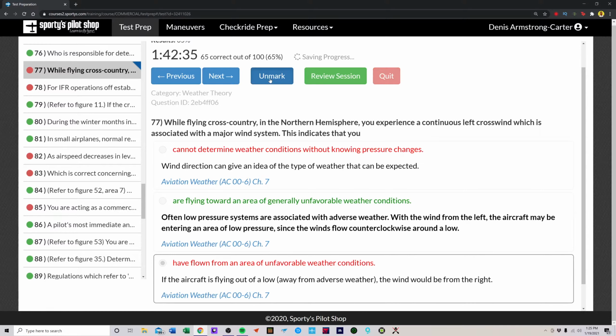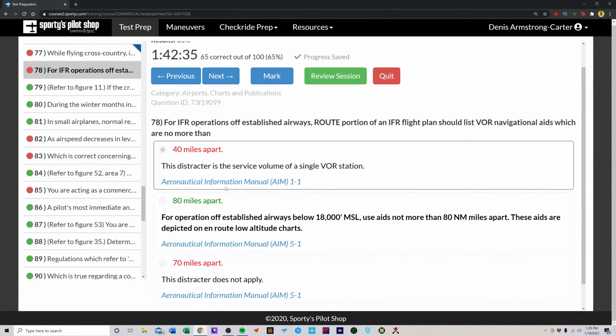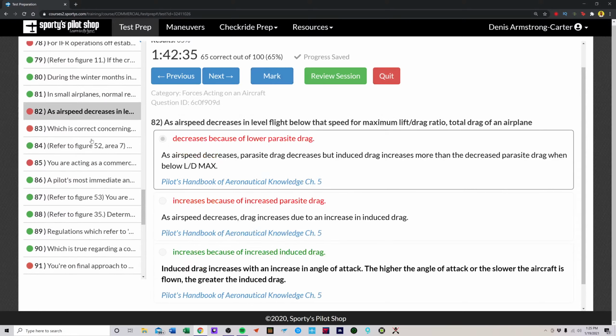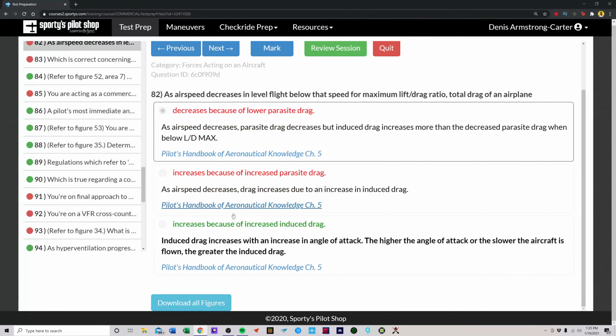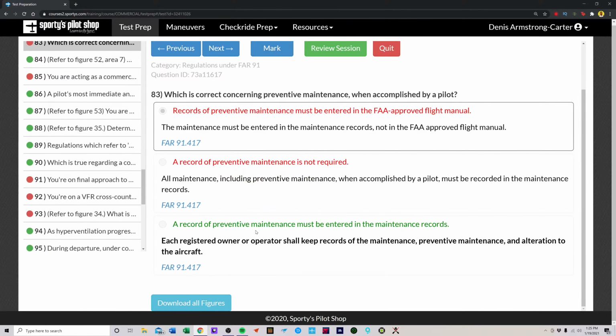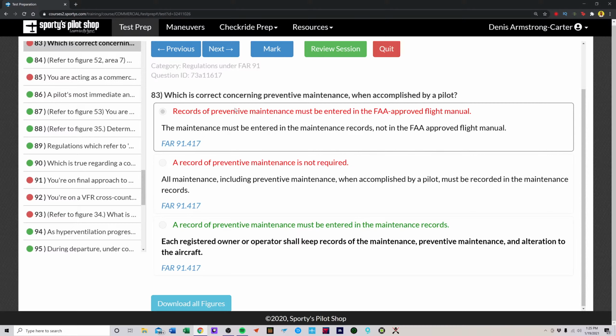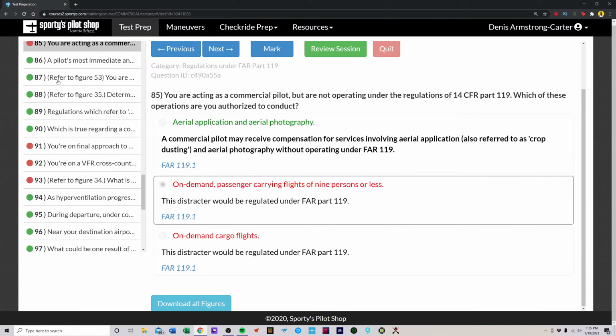Favorable weather conditions. 80 miles apart. So the VORs are 80. Alright. Reduce drag. Alright. It's just maintenance. It does not have to be an FAA approved one, it looks like. It can just be any maintenance. Alright.